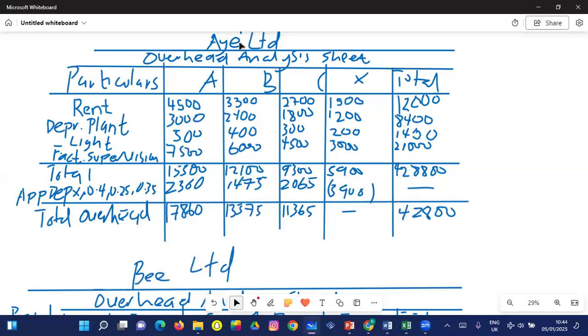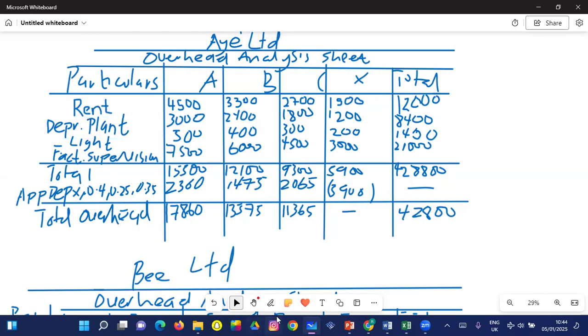So we draw the overhead analysis. Always remember to bring the name and the overhead analysis sheet. And you can bring particulars and also bring basis of apportionment, but at our stage, I think it's not really needed. So particulars is the overheads that you encountered in the business. So we have rent.